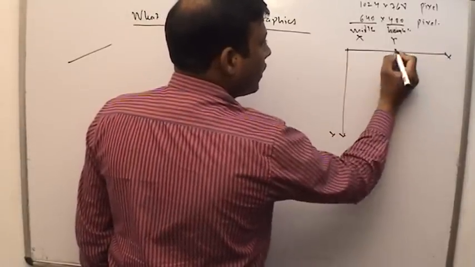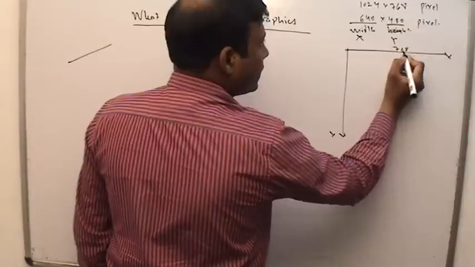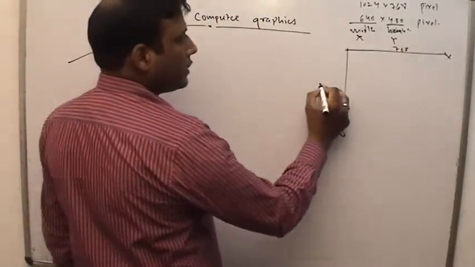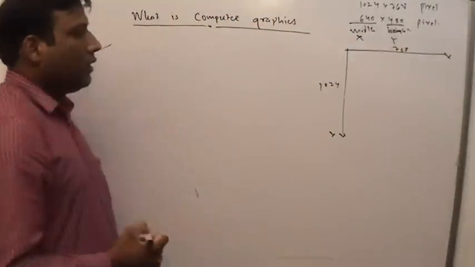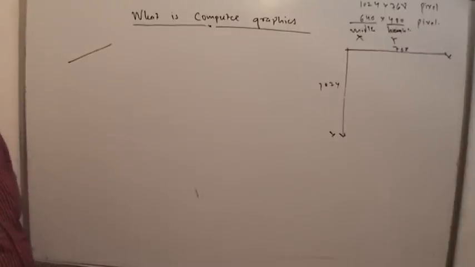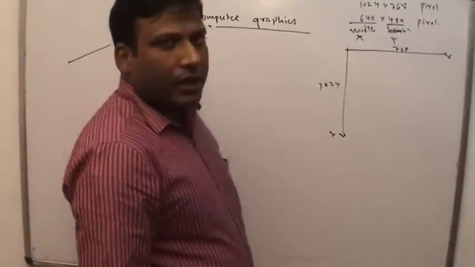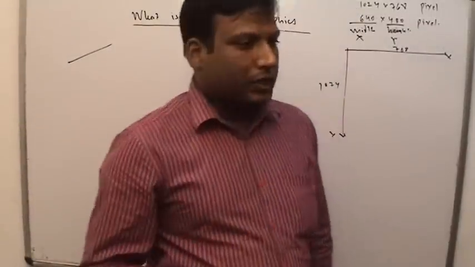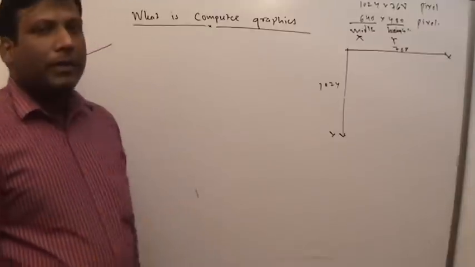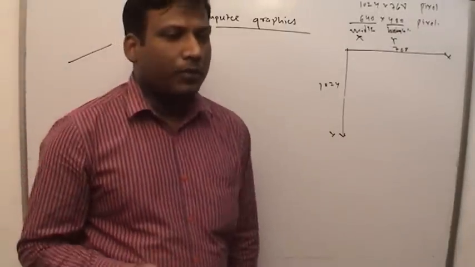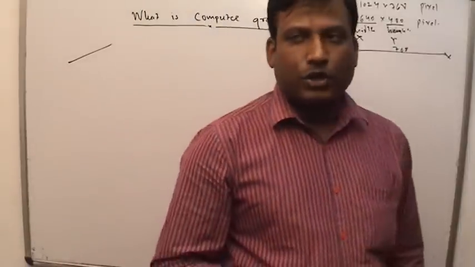The total pixel coordinates are 1024 and 768. In this resolution we can draw any image. Most images that we want to draw on a computer can be drawn with the line tool.